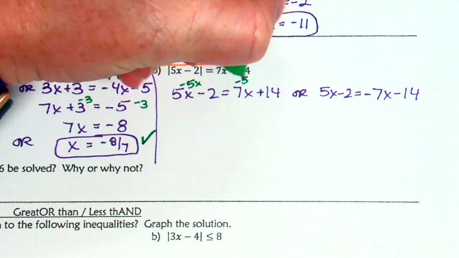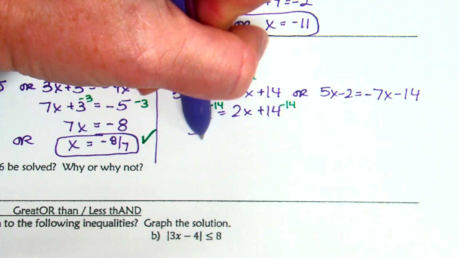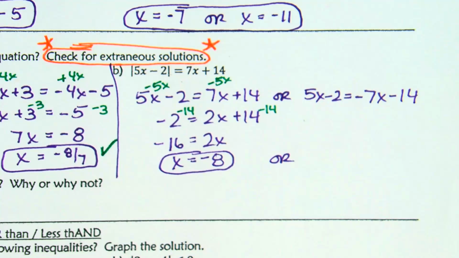Or, on this other one, since I have a 5x and a negative 7x, I would rather add 7x. 5x plus 7x is 12x minus 2 equals negative 14. If it's 12x minus 2, add 2. 12x equals negative 12. Divide by 12 and x is negative 1.